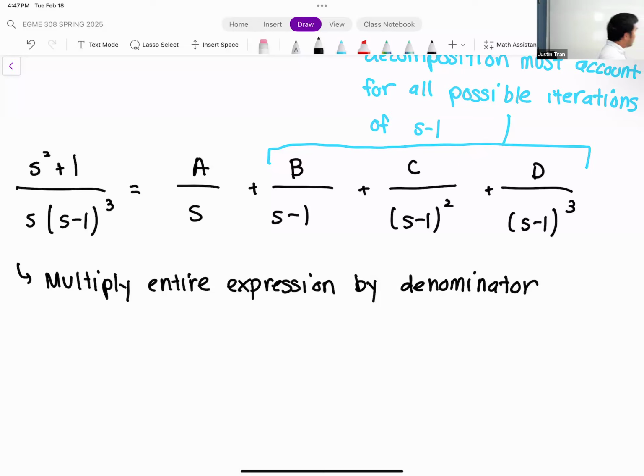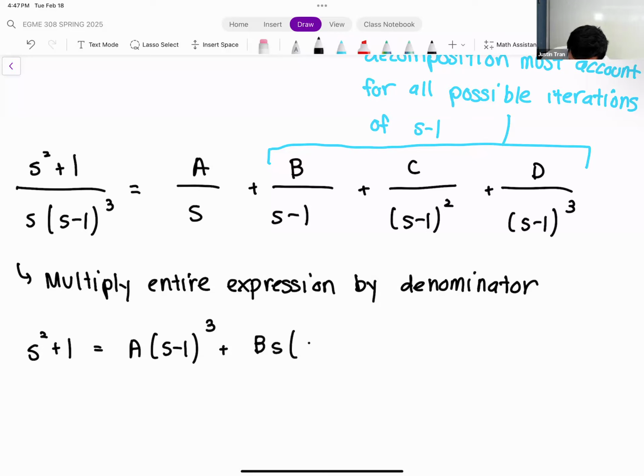If we do that, we get s squared plus 1 is equal to a times s minus 1 quantity cubed plus b times s minus 1 quantity squared plus c times s minus 1, plus d times s.